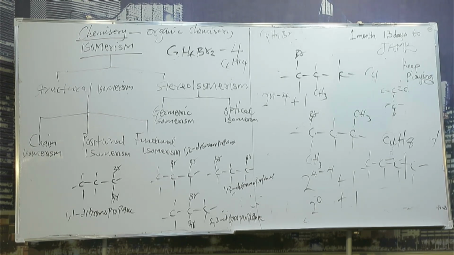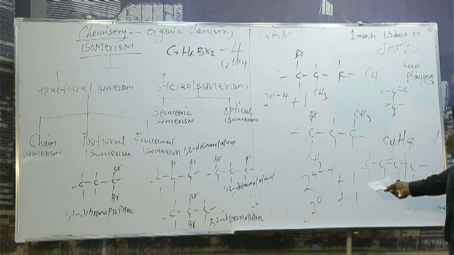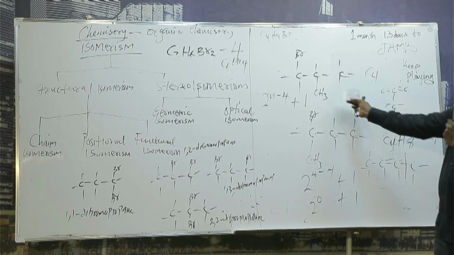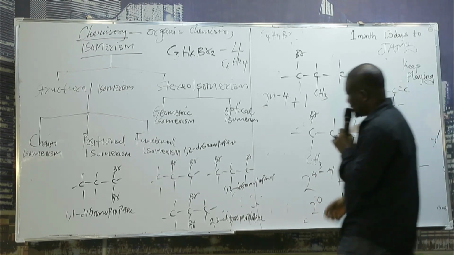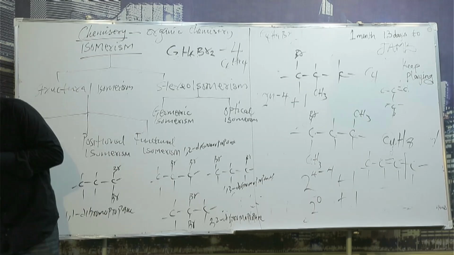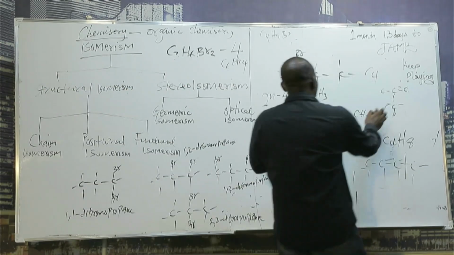See, listen to me. I said that there's that structure. Check here. Which one is that one? This one. And this one. Okay. You can't cancel off. You're wasting your time.